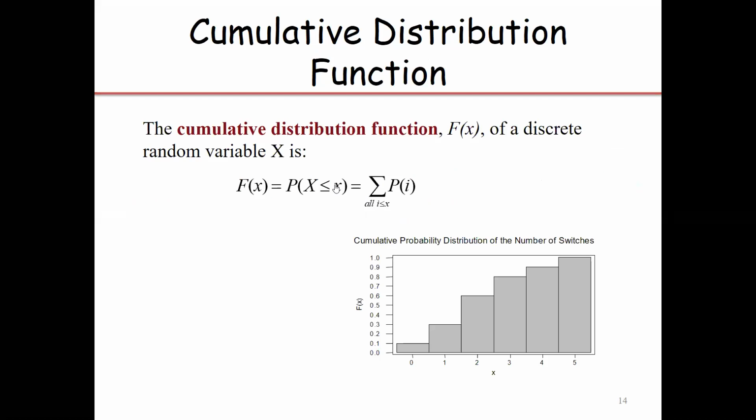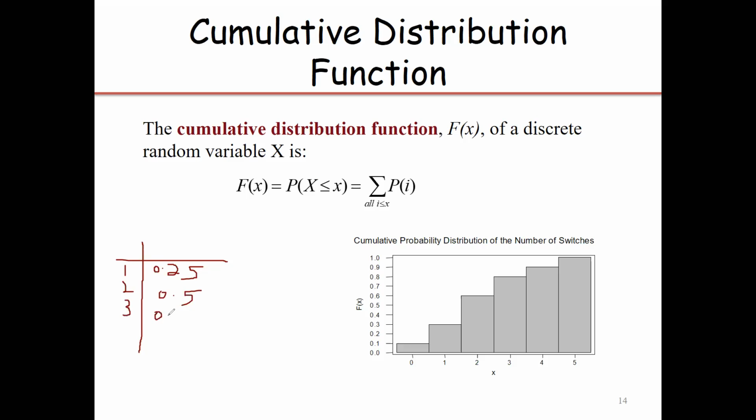Cumulative distribution can be represented by a graph. It is a step function because in cumulative probabilities, the probabilities will be increasing in order. Suppose I have 1, 2, 3, the first example I gave you. The probabilities I used were 0.25, 0.5, 0.25.